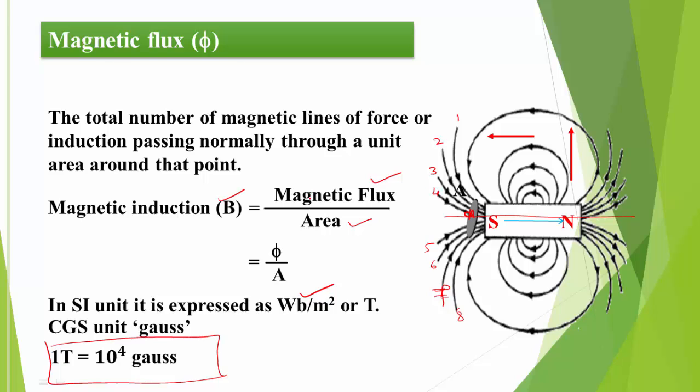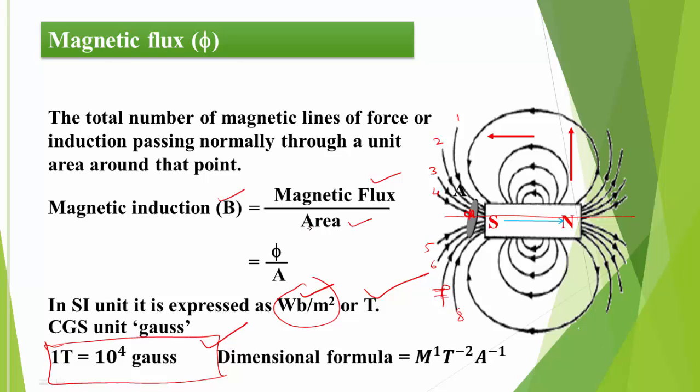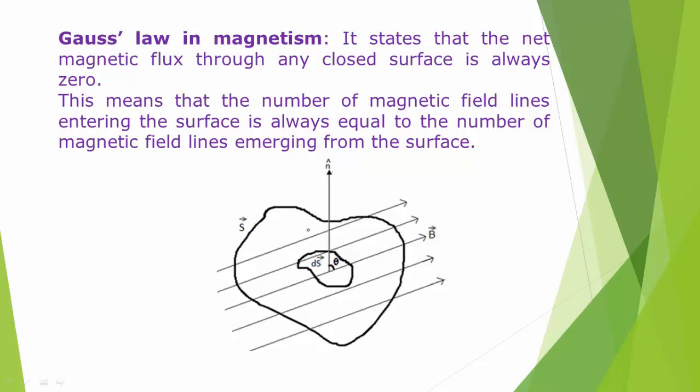The ratio of magnetic flux to the area, or the magnetic flux per unit area, is called magnetic induction. The SI unit of magnetic induction is Weber per meter square or Tesla, and 1 Tesla is equal to 10 to the power of 4 Gauss. Now the dimension formula is M L^0 T^-2 A^-1. It is the dimension formula of the magnetic induction.